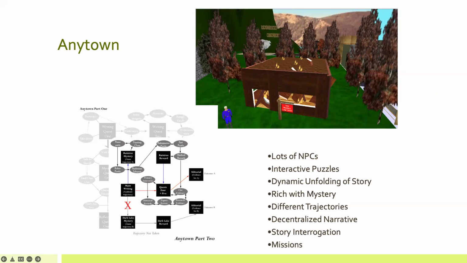The narrative was decentralized so that each different part could be both compartmentalized, but also brought back together in a meaningful way, so that if I was doing this particular quest line, my whole story was that about the mad scientist creating starfruit grape soda.